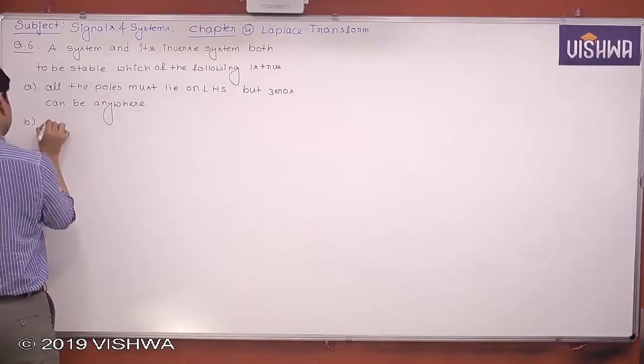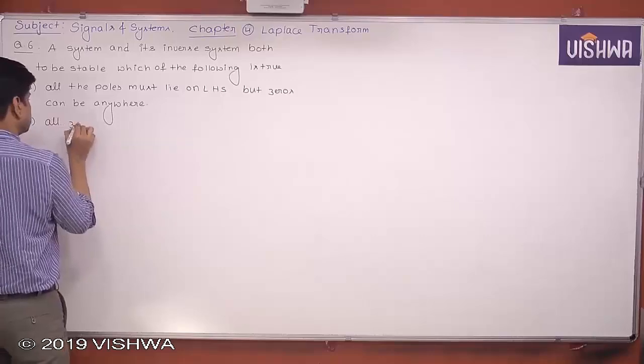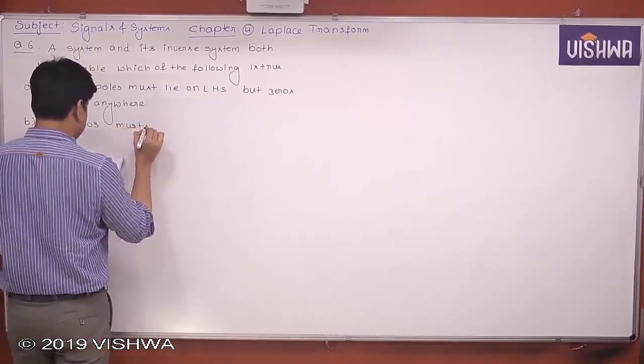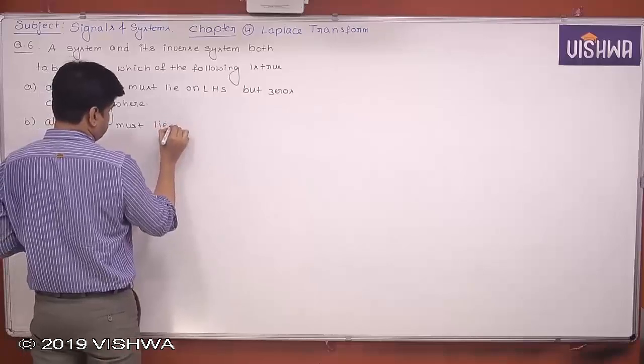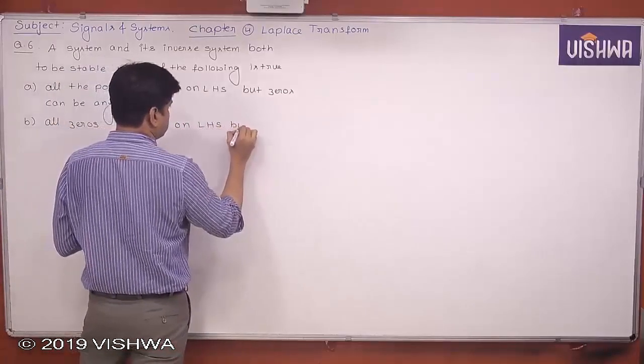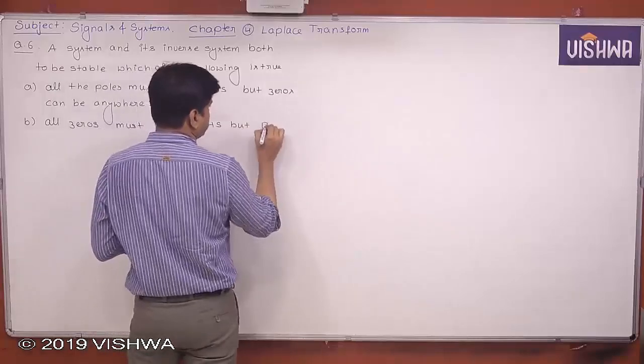Option B: all zeros must lie on the LHS, but poles can be anywhere.